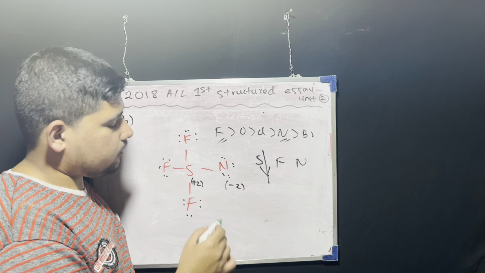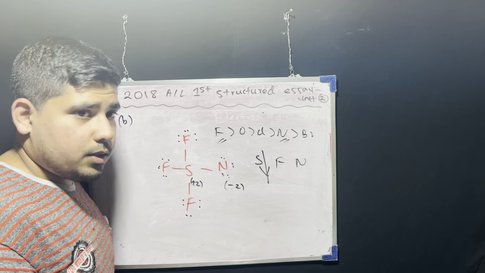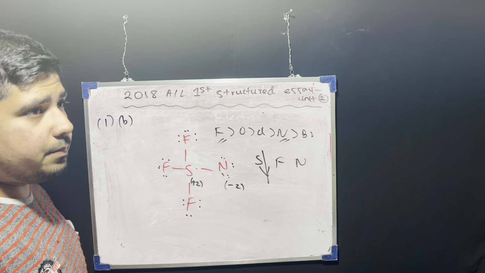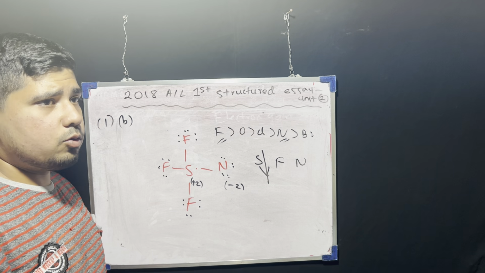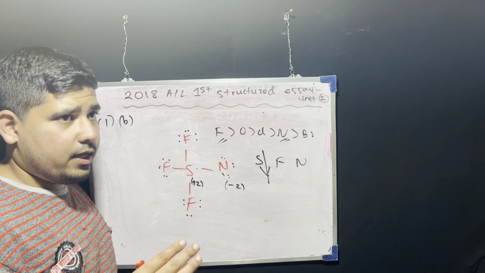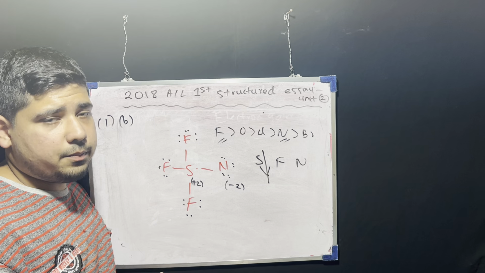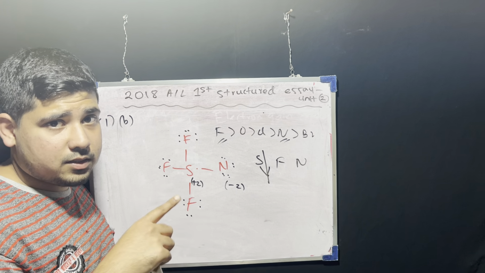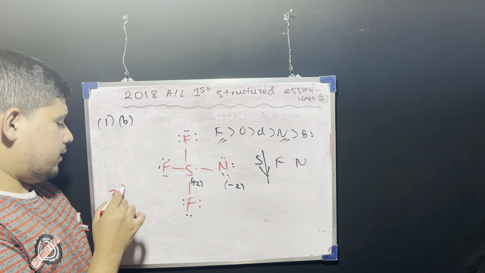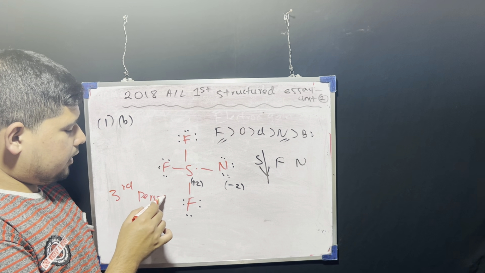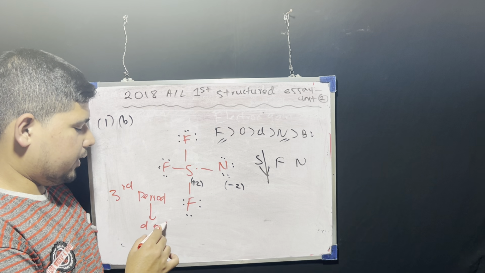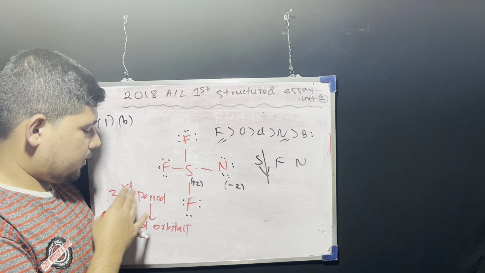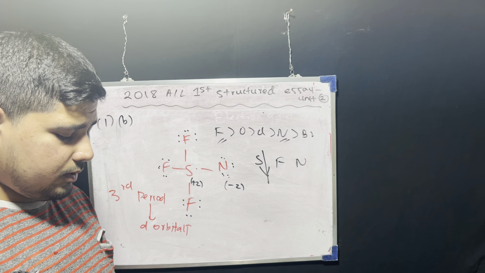Now something interesting. You see, sulfur belongs to the third period. What is the speciality of the third period when compared to the first and second periods? In the third period, the elements will have d orbitals.